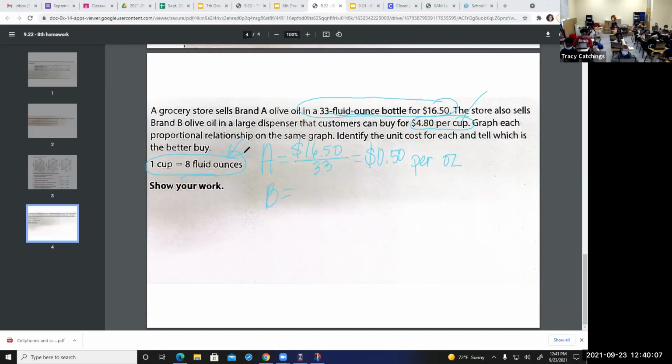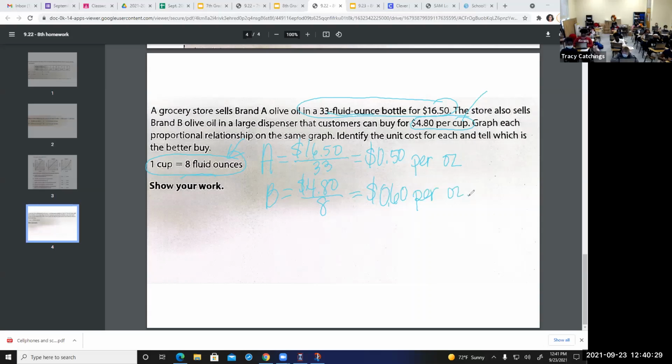So what are we dividing? 4.80 divided by 8. Got your 8 fluid ounces. All right, go ahead and divide it out. All right, so 60 cents per ounce.